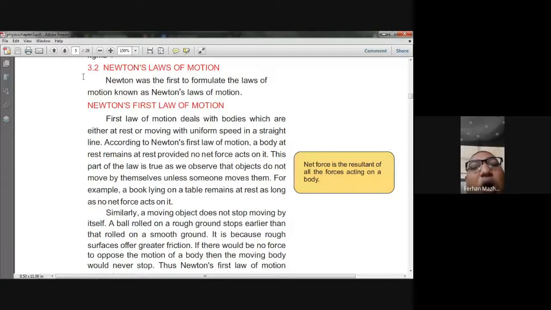A ball rolled on a rough ground stops earlier than one rolled on a smooth ground. It is because rough surfaces offer greater friction. If there would be no force to oppose the motion of a body, then the moving body would never stop.